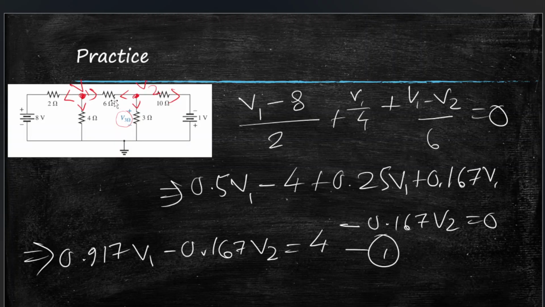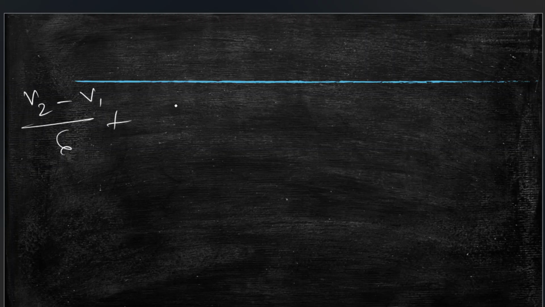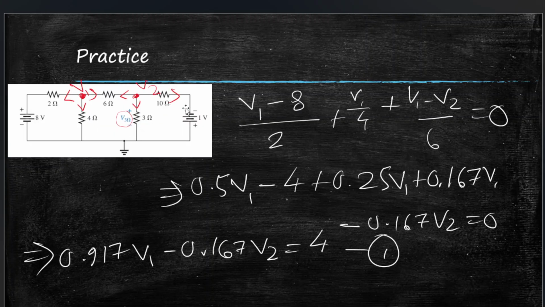Now let's get equation 2. So (V2 minus V1) over 6, plus V2 over 3, and then plus (V2 plus 1) over 10.